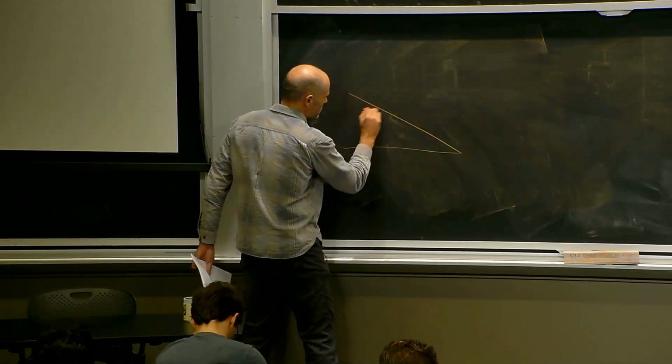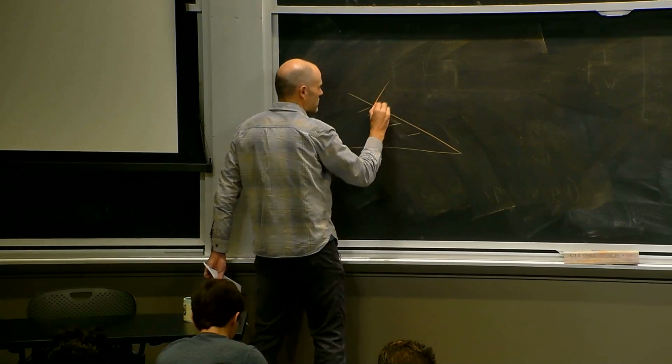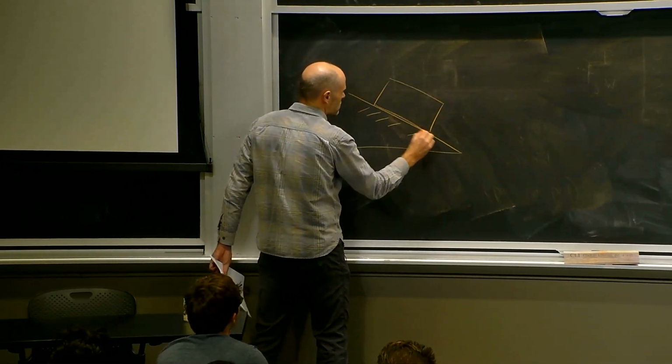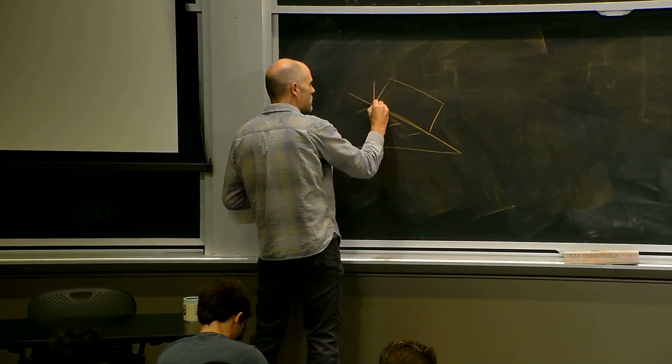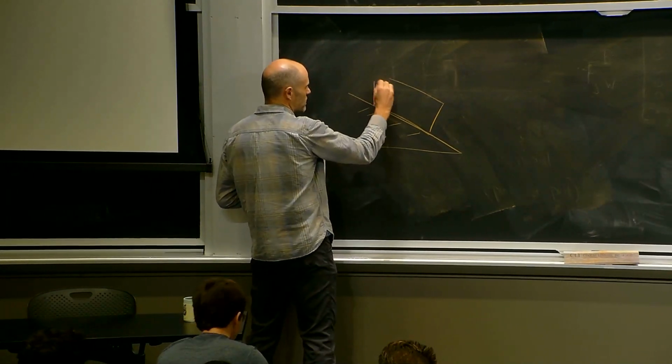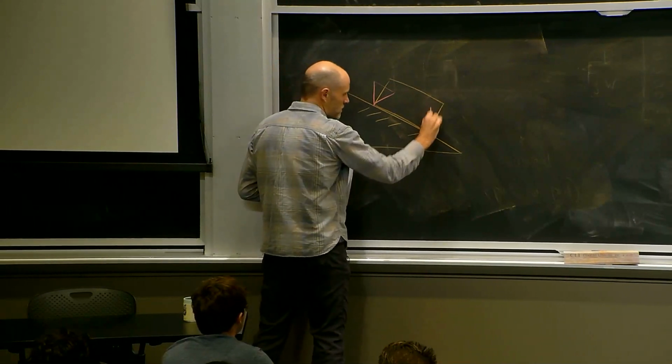So I've got a ramp, got a box. I've got friction cones now, which in 2D just look kind of like that, I guess.